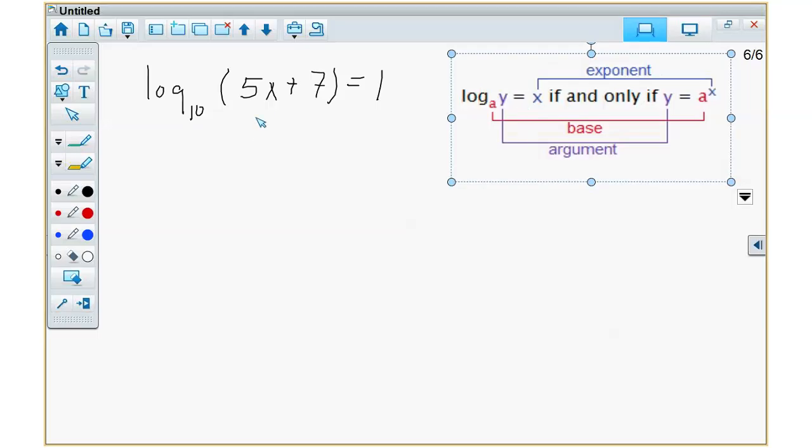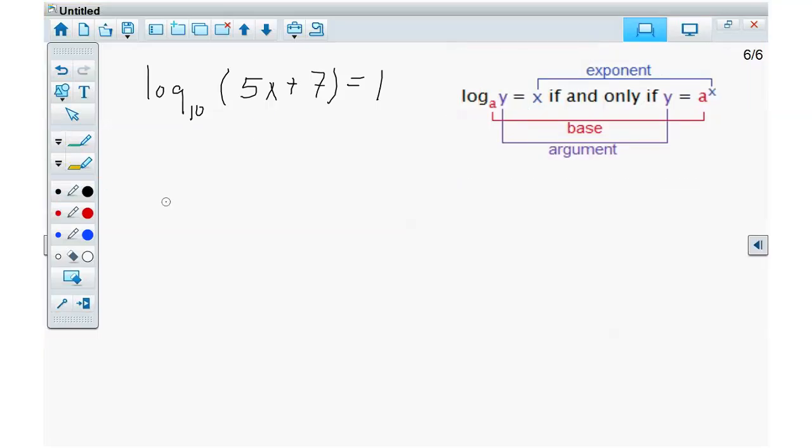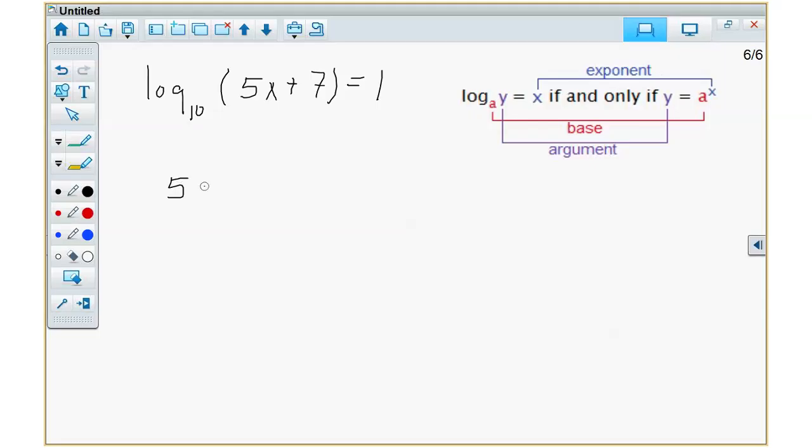So my y is what? Good. 5x plus 7 equals what? Which is 10.